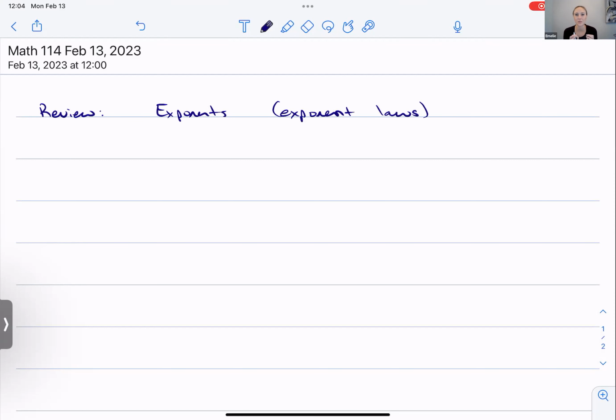How do we simplify exponents depending on their base? That'll help us simplify exponents if they have the same base, for example. And there were a couple of rules that we have to have up our sleeves. Same thing with logarithms, right? Log laws.